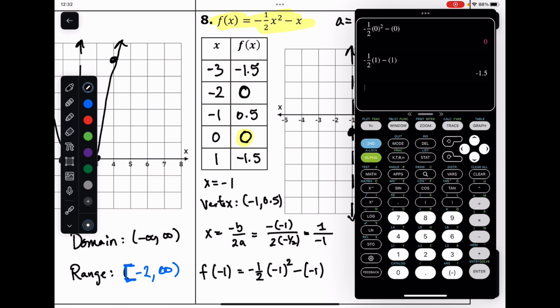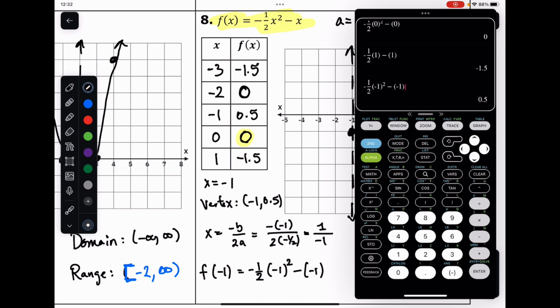Okay, so let's do negative y equals 1/2. Our center is at negative 1, so negative 1 squared minus negative 1. And now, that's equal to 1.5.